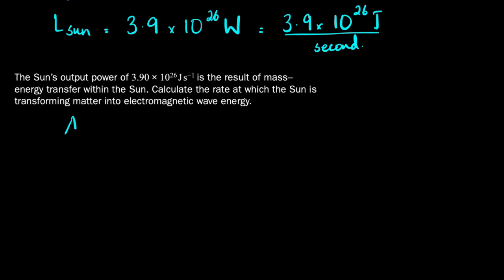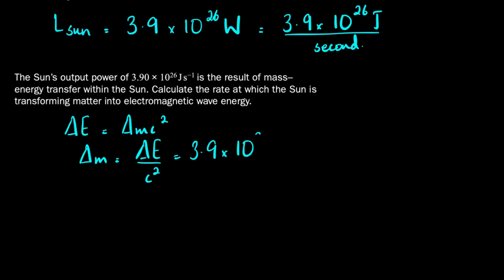So we can simply use the mass defect equation, right? If we need to find the rate at which the Sun is transforming matter, we basically need to find delta M. What is the rate at which mass is being transformed? So this is delta E upon c squared. Delta E is 3.9 times 10 to the 26.